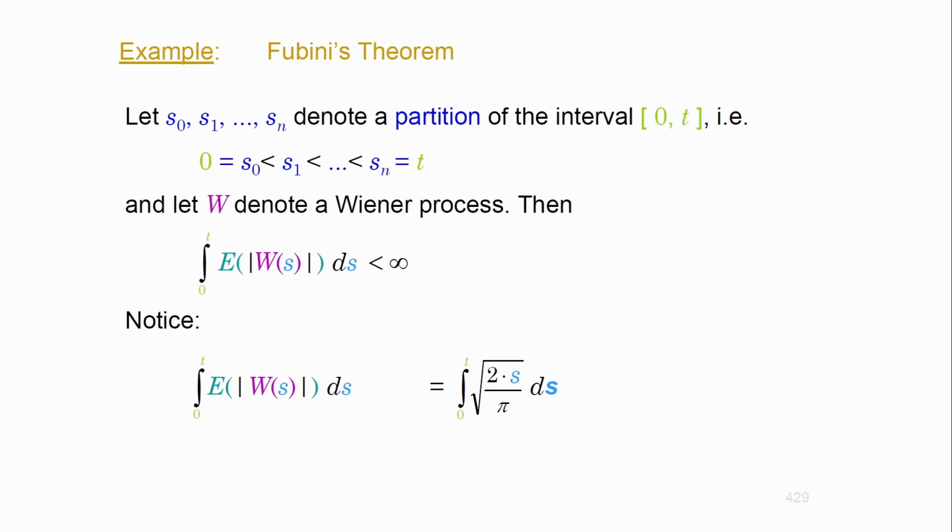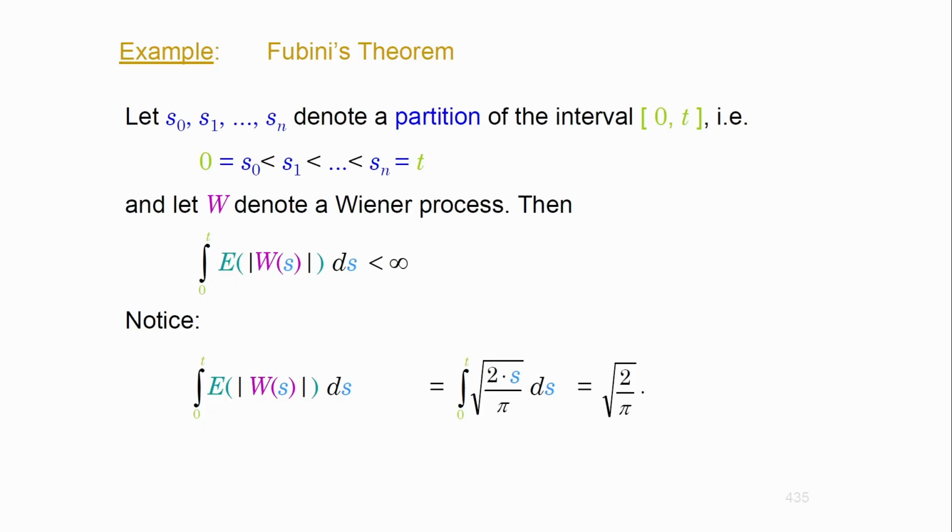Now, this is relatively easy to integrate, guys. What I did is take out the constant, which is the square root of 2 over pi. Then you have the square root of s, which is equal to s to the power of 1/2.